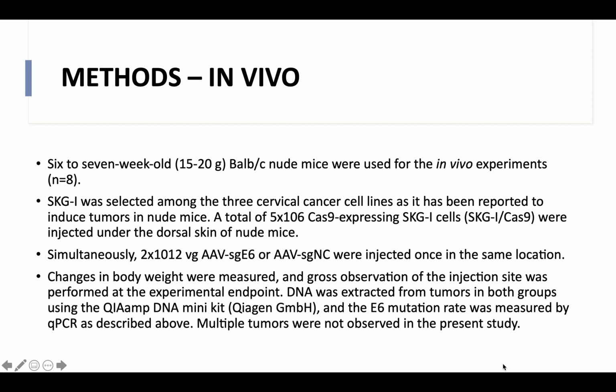Changes in the body weight were measured and gross observation of the injection site was performed at an experimental endpoint. DNA was extracted from tumors in both groups using a DNA mini-kit, and the E6 mutation rate was measured by the qPCR as described above. Multiple tumors were not observed in the present study.